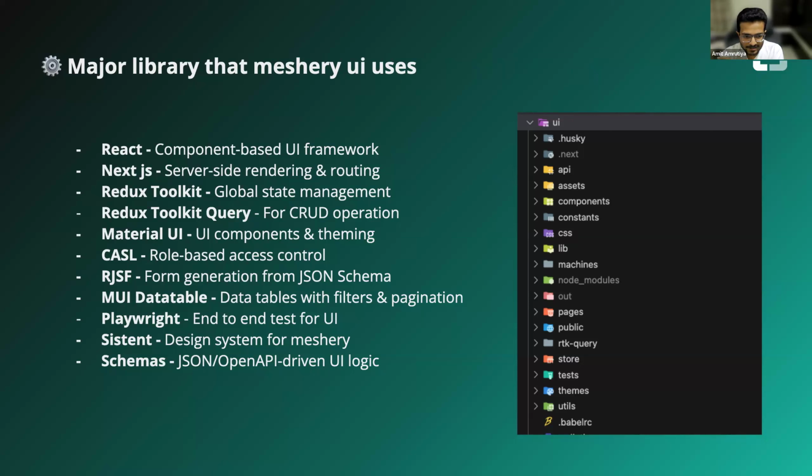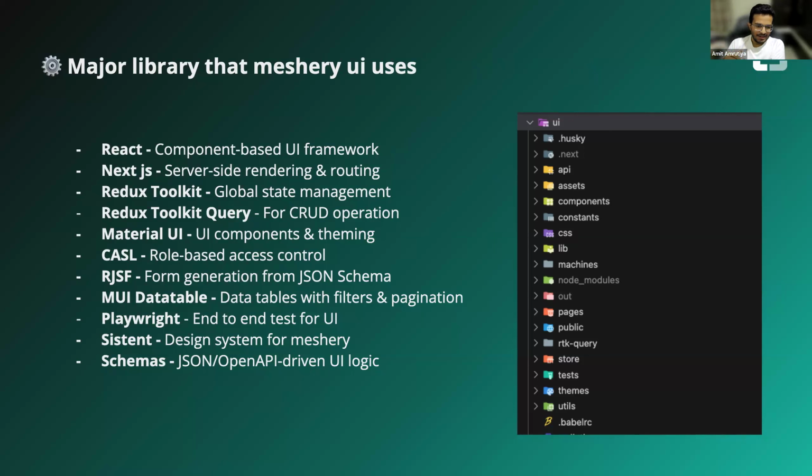And in our UI, we saw a lot of data tables to organize our information. For the tables, we use the MUI DataTable library, and it makes it really easy to do filtering, search, and pagination on the table.